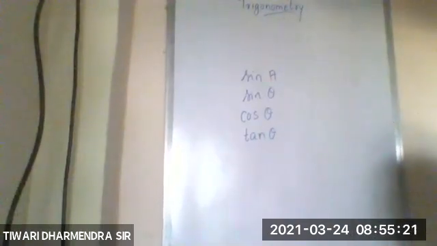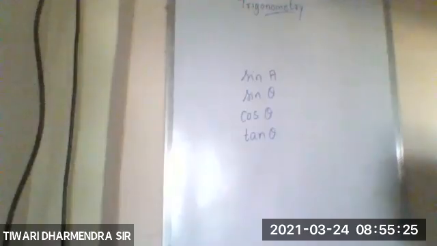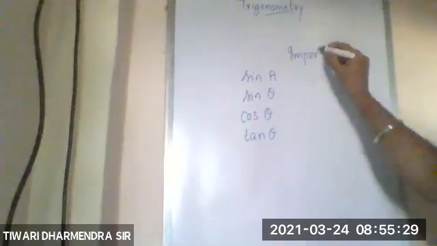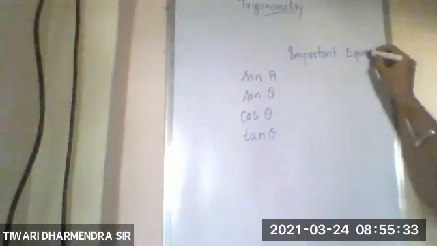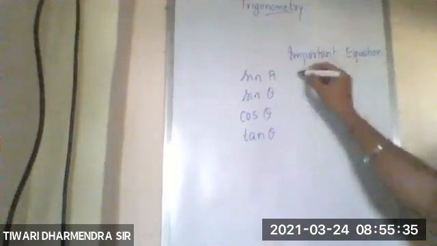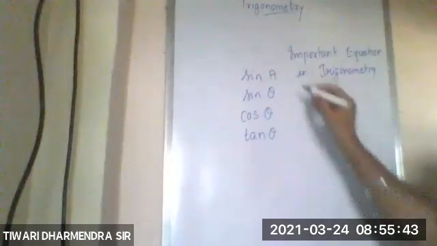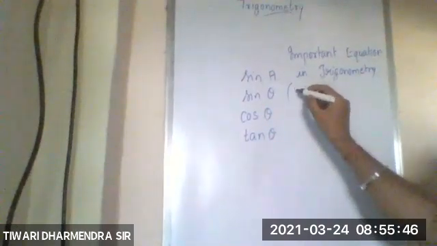Here in your book, it is given in the form of an important equation in trigonometry. Actually, it is called a trigonometric identity.